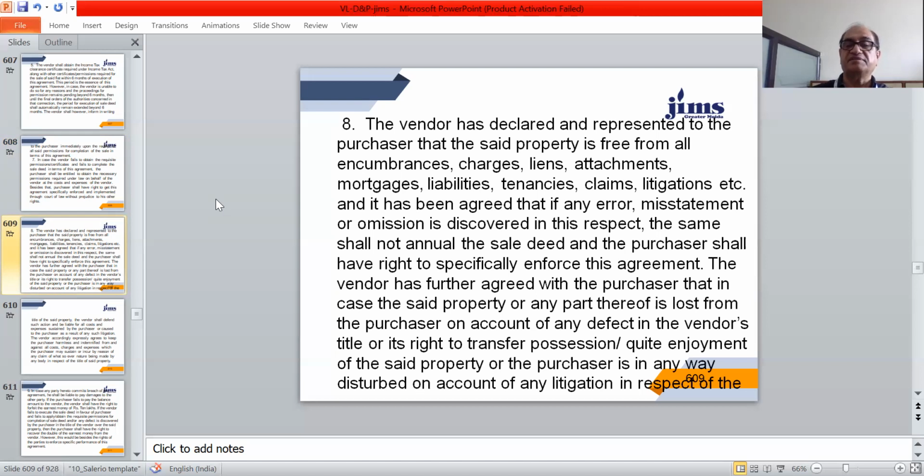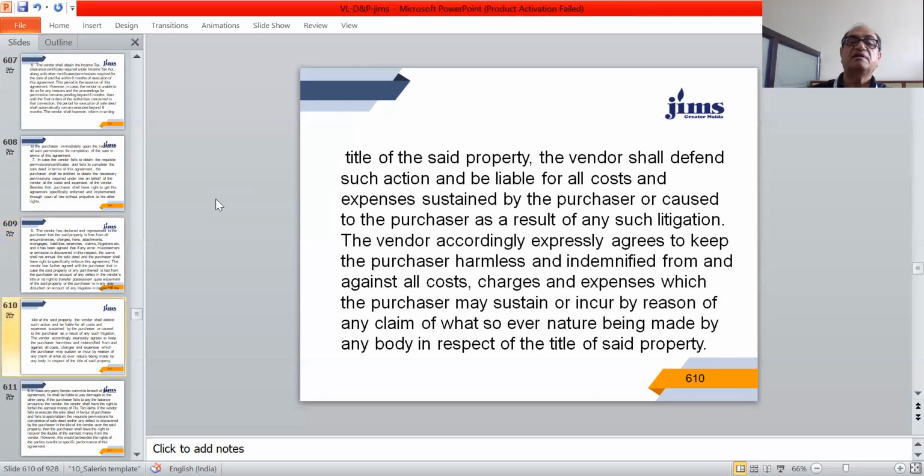The vendor has further agreed with the purchaser that in case the said property or any part thereof is lost from the purchaser on account of any defect in the vendor's title or its right to transfer possession or quiet enjoyment of the said property, or the purchaser is in any way disturbed on account of any litigation in respect of the title of the said property, the vendor shall defend such action and will be liable for all costs and expenses sustained by the purchaser or caused to the purchaser as a result of such litigation.